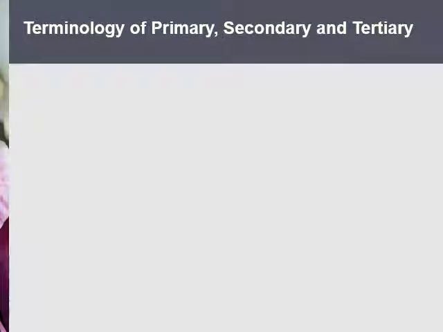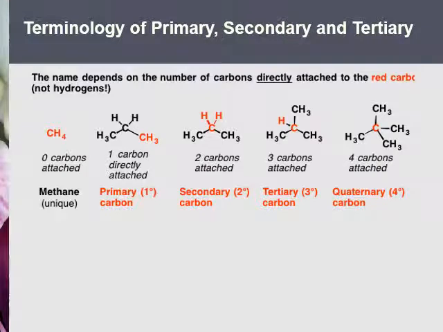In this slide, we go over the terminology of primary, secondary, and tertiary carbon. The name depends on the number of carbons directly attached to the carbon you are interested in. For example, if this carbon is the one you are interested in, because it is attached directly to one carbon, with other 3 hydrogens, this red carbon is called a primary carbon.